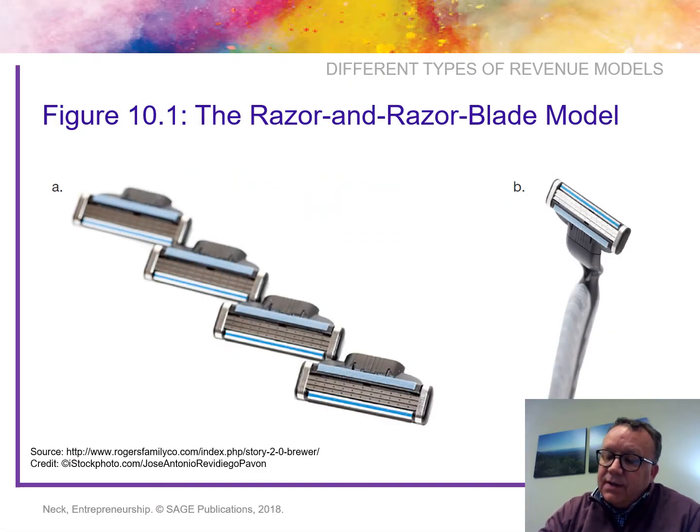I love this one, the razor and the razor blade model. Many of you probably know this already, but companies like Schick and Gillette would practically give the handle of a razor away. Why? Because they really wanted the consumable of the blade, right?